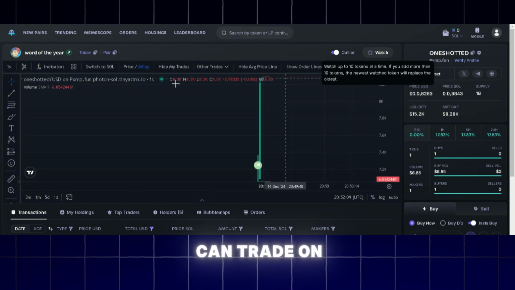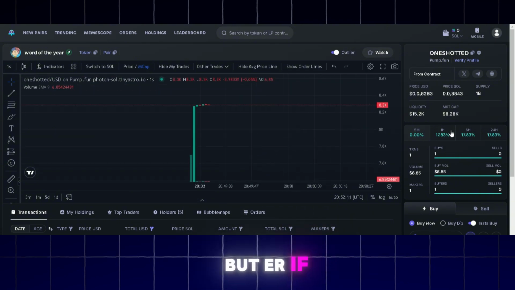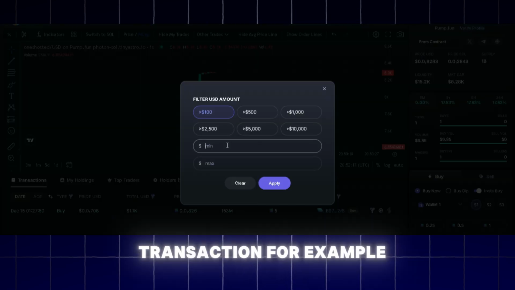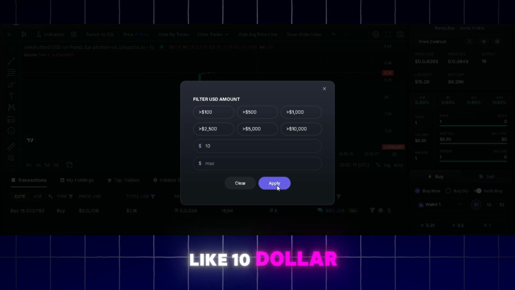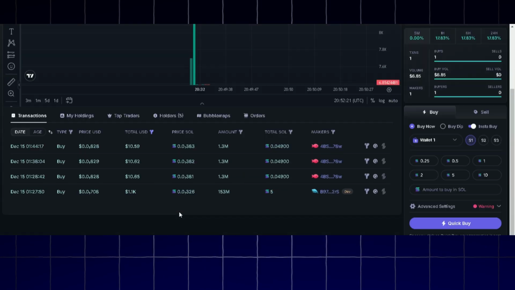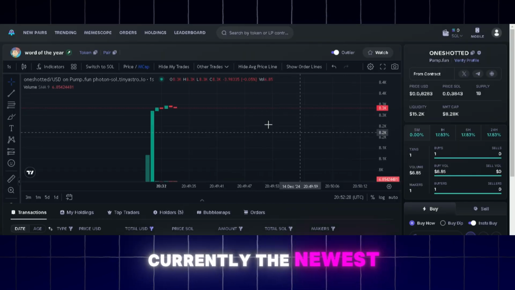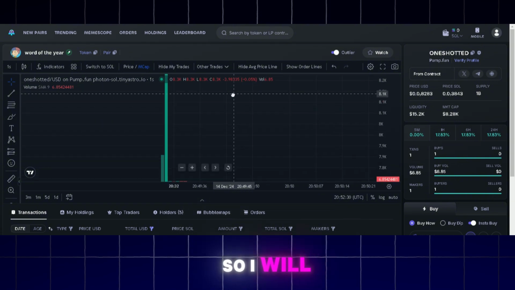So yes, we can trade on this also, but if we just see the transactions, for example like $10, people are buying right now, because it is currently the newest launched coin.